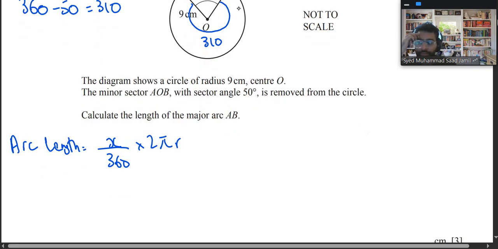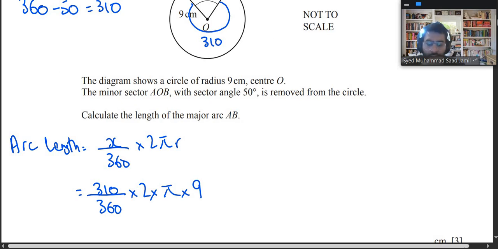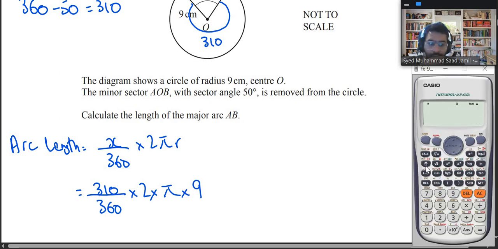So this becomes 310 upon 360, multiply by 2, multiply by pi, multiply by r. What's the value of r? It's 9. So 310 upon 360 multiply by 2 multiply by pi multiply by 9.